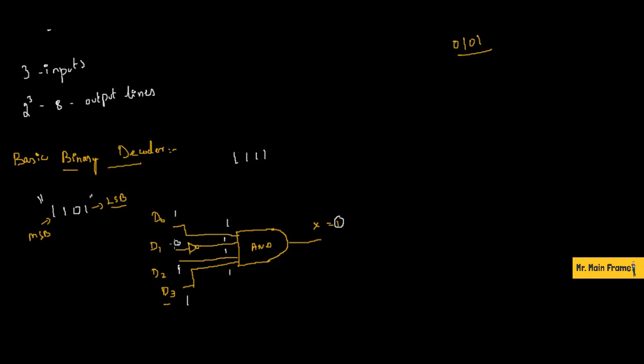The D1 will be having this 1 instead of 0, and the NOT gate will be inverting that 1 into 0, and the output of the AND gate will be 0, because of D1 according to this example, right? So D1 according to this example will be giving you 0 here because of these NOT gates, right?